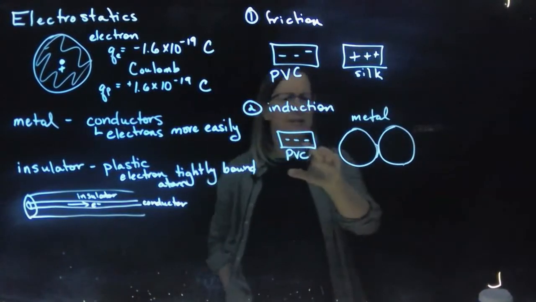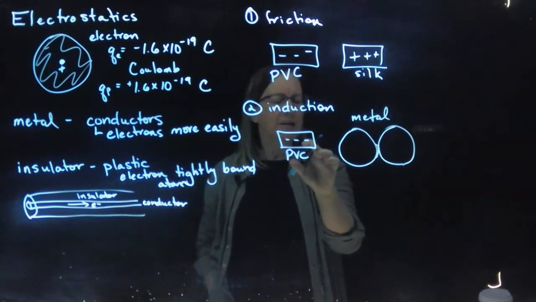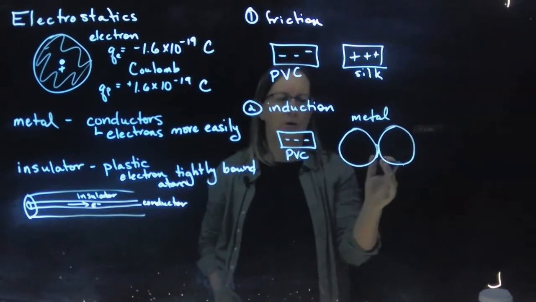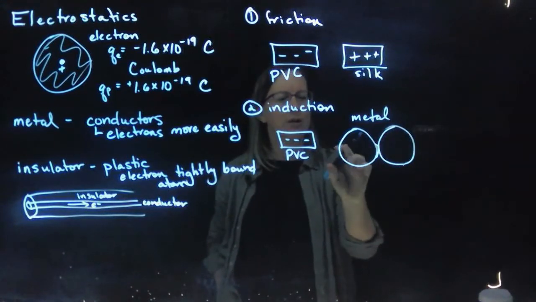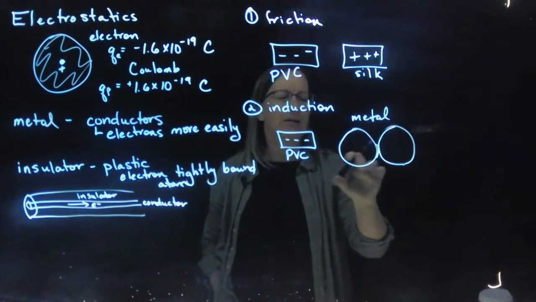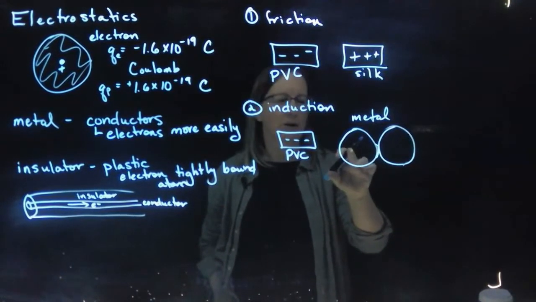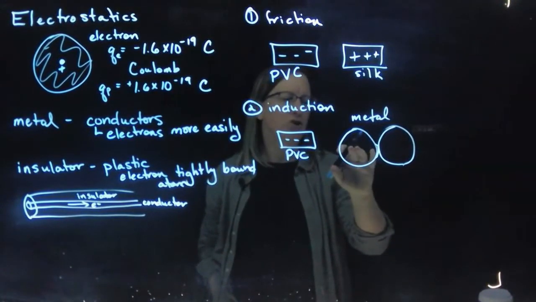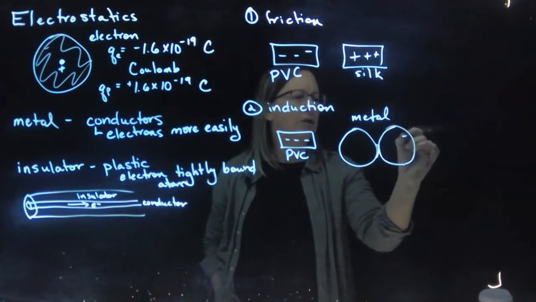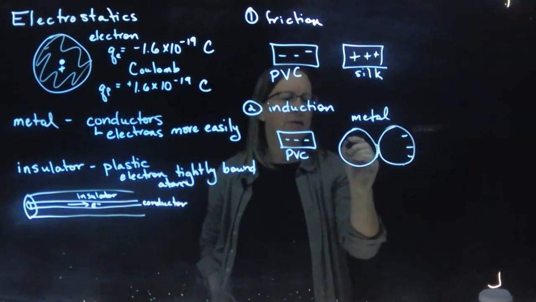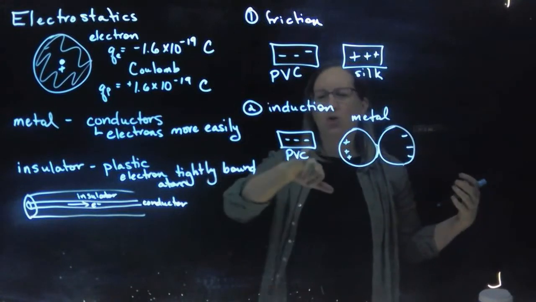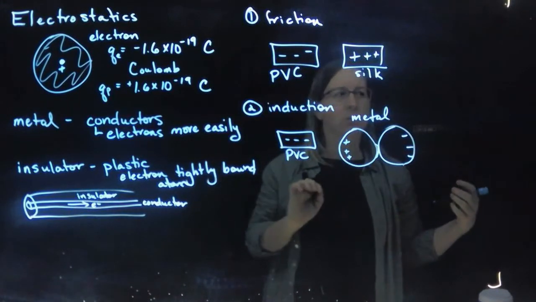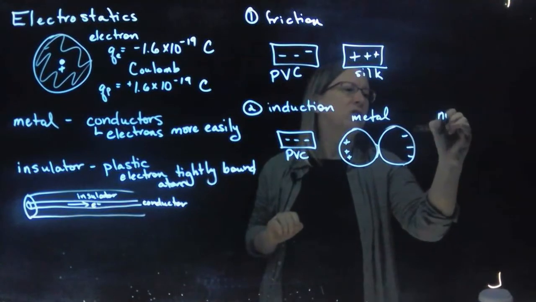And when this negative comes by, even though these are neutral, the charge gets attracted because charges can move. So the electrons that were sitting in this part of the material, equal numbers of electrons and positive charges, protons, head over this way because they are repelled by this, which leaves behind some positive charge. So we get charge separation, okay? So even though I have something that's neutral, notice right here, I can have something that's neutral.